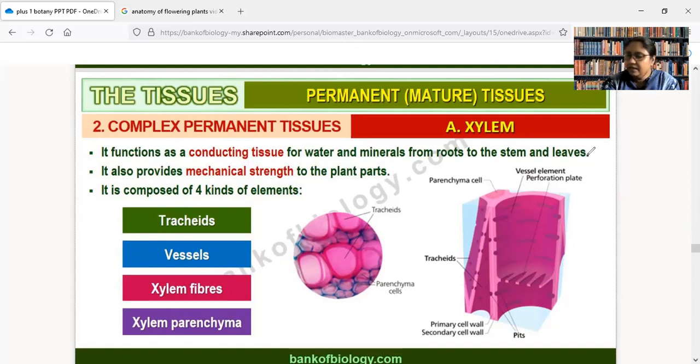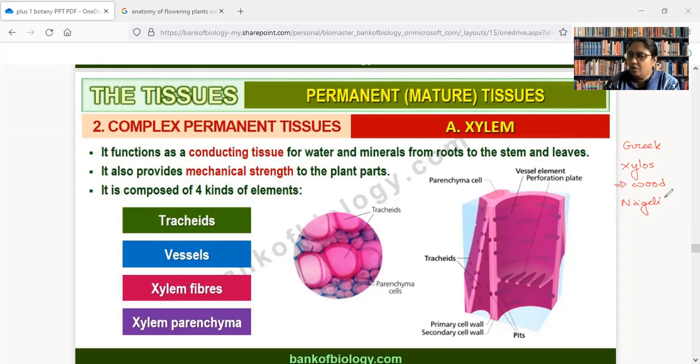Because in Greek, the word xylos means wood. So it was introduced by Nageli, who named it xylem for conduction of water as well as inorganic minerals and solutes which are transported by xylem.